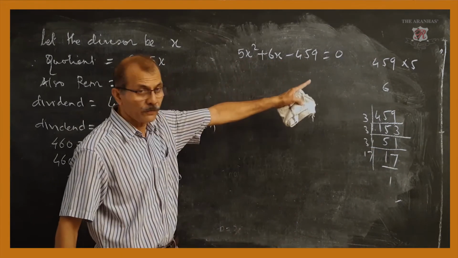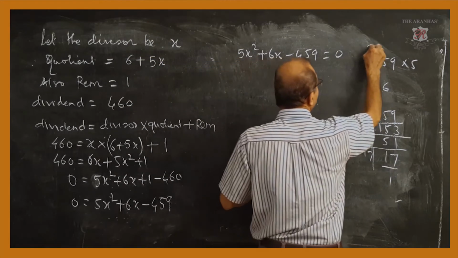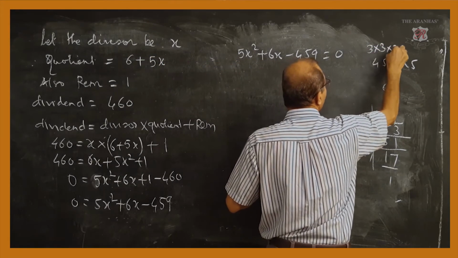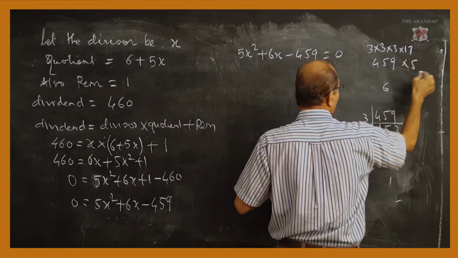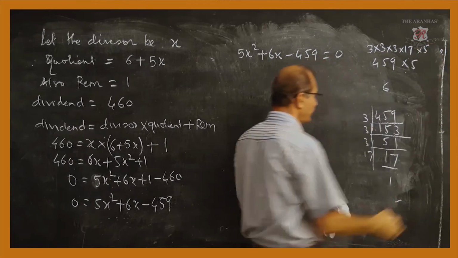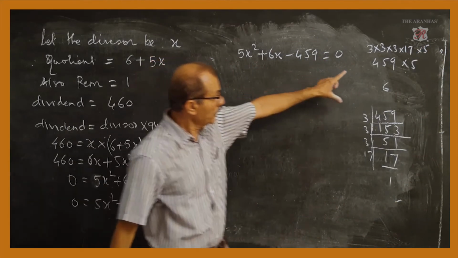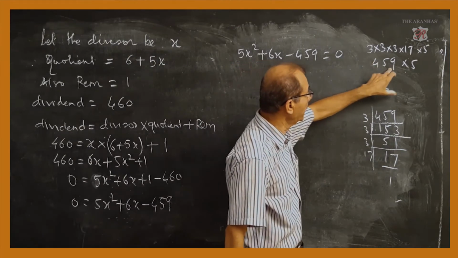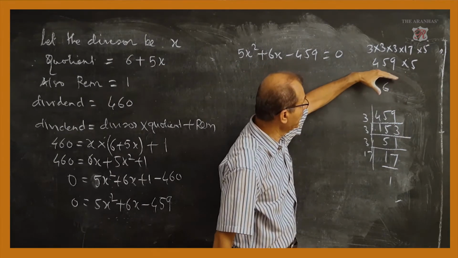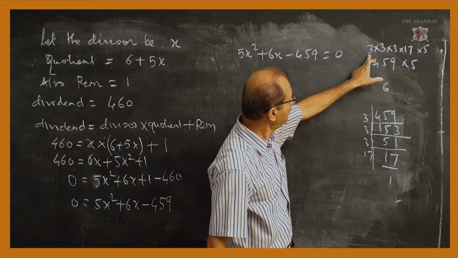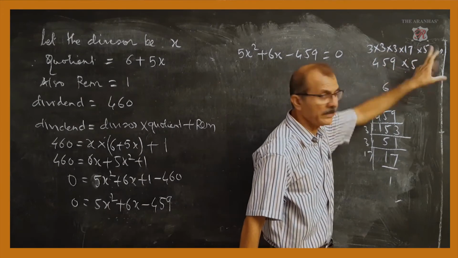So the factors of 459 are 3 into 3 into 3 into 17, and this into 5. So the product will be 459 into 5. So I found the factors: 3, 3, 3, 17, 5.